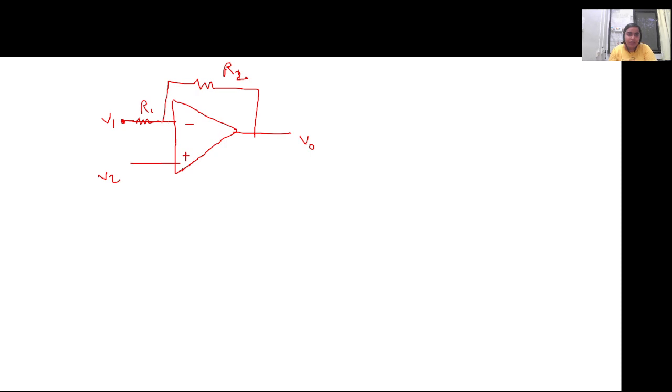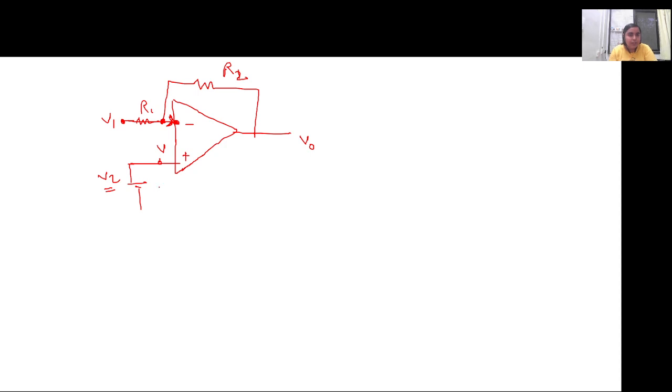And we have to assume this is an ideal op-amp, that is, no current is getting drawn into this circuit. So the current in this branch, from this node to this point, will be equal to 0. And if this particular V2 has a certain voltage source connected, it will be that value V2.